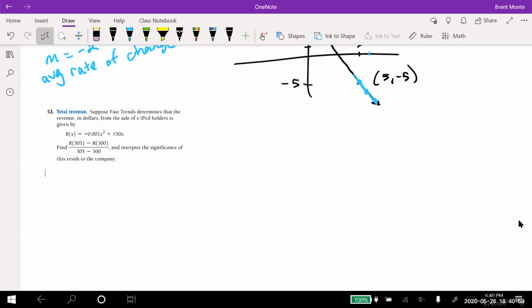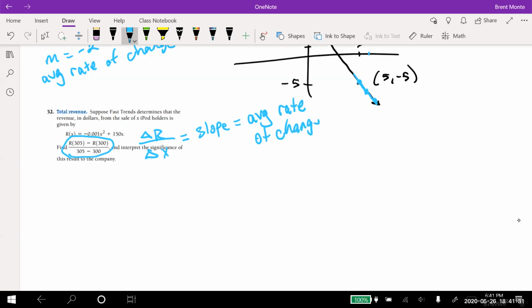So what they're doing here, notice this, R of 305 minus R of 300, that's just my change in R, revenue in this case, over my change in x, which is number of iPod holders. It's the slope. It's my average rate of change. Hopefully you recognize that right away.